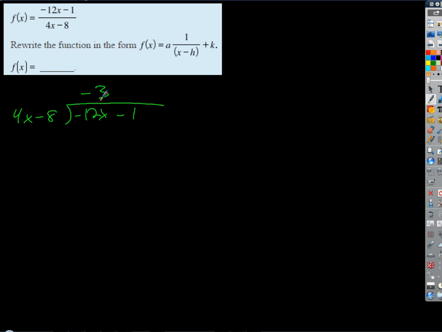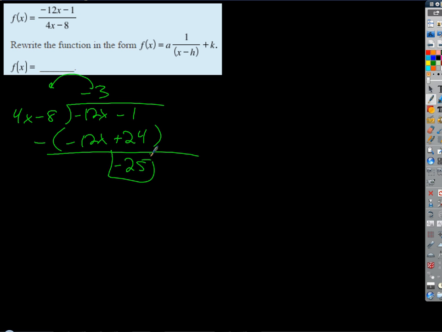Negative 3, right? Distribute that through, and I get negative 12x plus 24. Everybody agree? Okay. So I'm going to subtract, and those will cancel. Negative 1 minus 24 is negative 25, right?